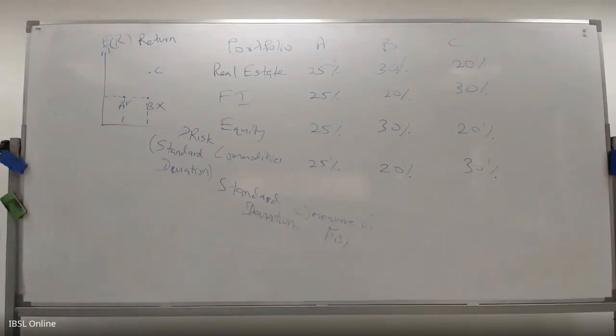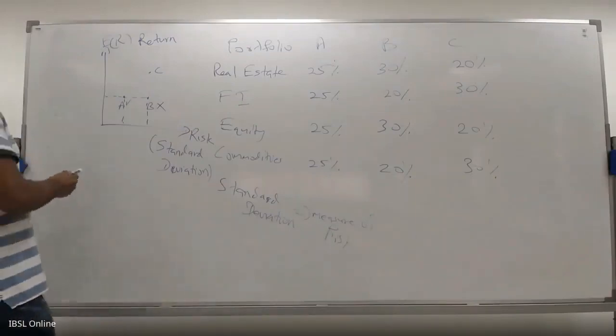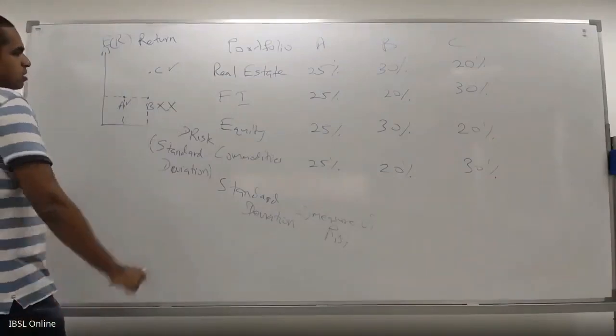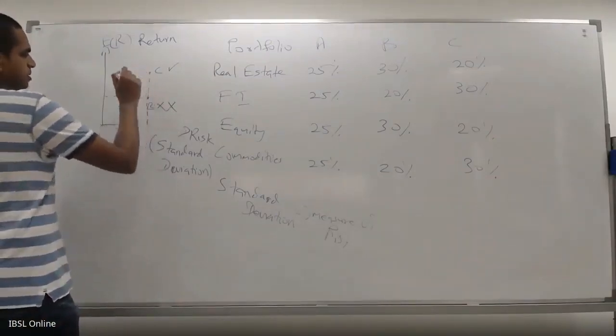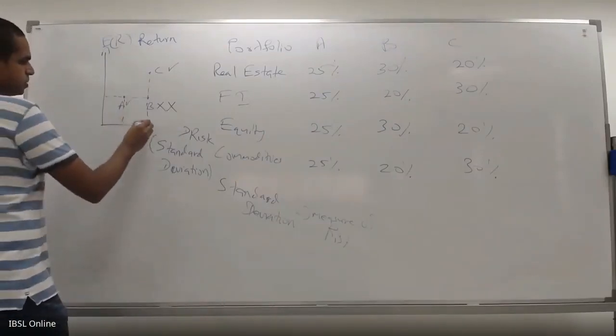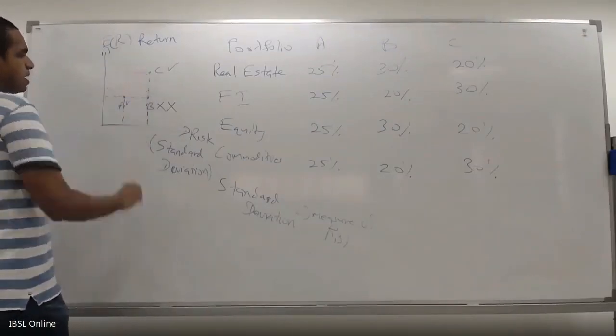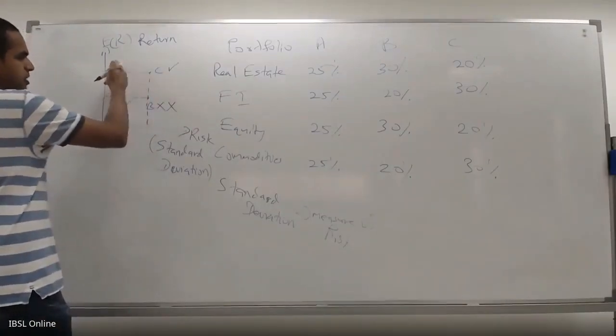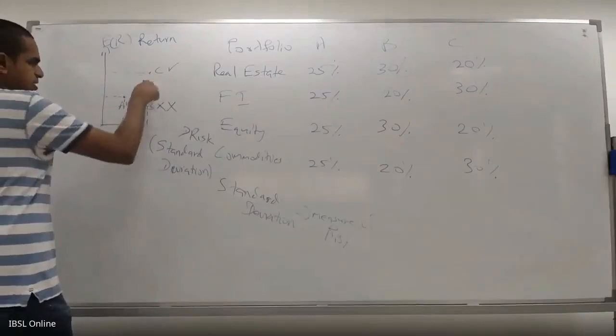Between B and C, you prefer C. You're right. You need C and not B. Okay. Because these are the same risk. B and C carry the same risk. But C has a higher return. So same risk, you go for the portfolio which gives the higher return. Right? So you invest in C, not in B.